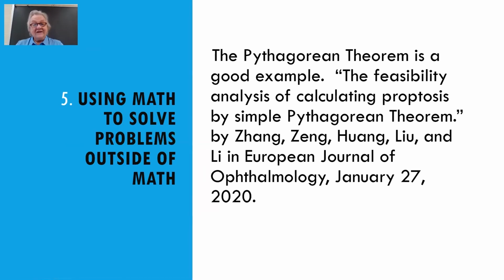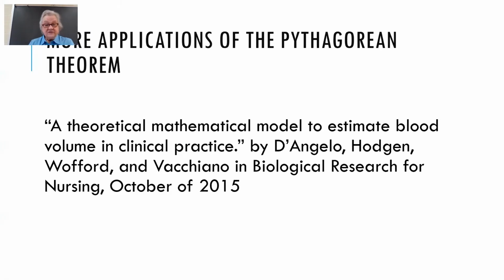I didn't even have to go very far before I found a couple of interesting research articles. This one's from the European Journal of Ophthalmology, and the title of the article is "The Feasibility Analysis of Calculating Proptosis by Simple Pythagorean Theorem." Okay, there's one. Here's another one from 2015 from the Biological Research for Nursing Journal.